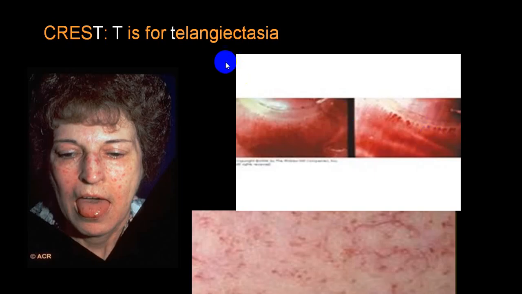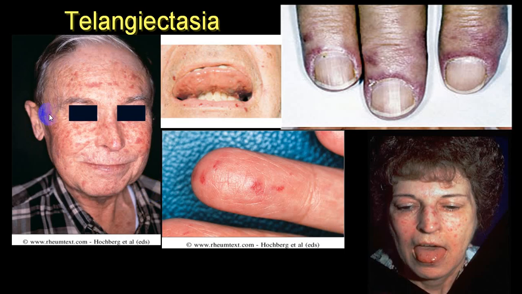And then you can have telangiectasia, and on capillaroscopy you will get dilated vessels with dropouts, dilated capillary with dropout, typical telangiectasia. You can see telangiectasia over the tongue, over the lips, face.